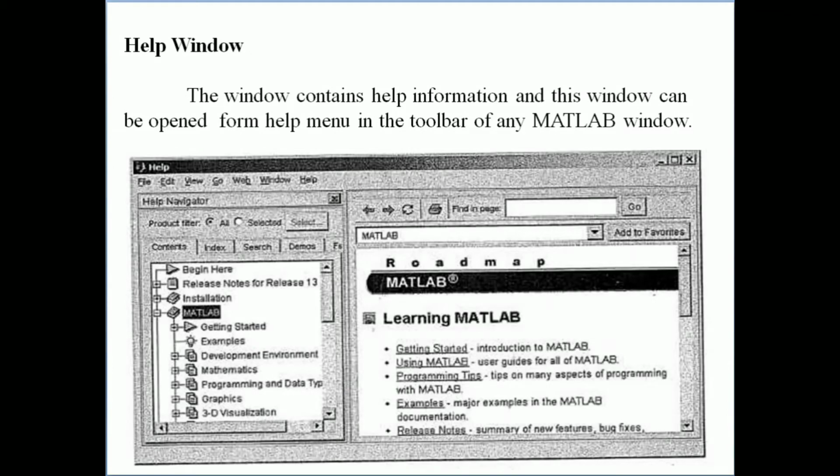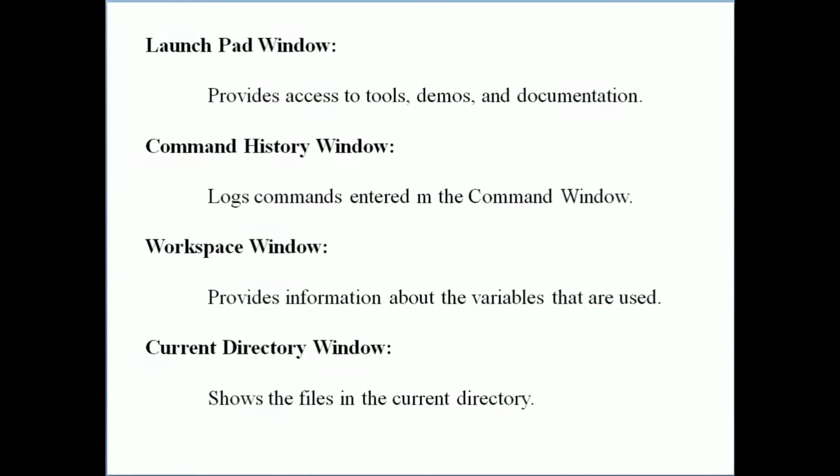Next, help window. The help window contains help information, and this window can be opened from the help menu in the toolbar of Matlab. This provides the tools, demonstration and documentation.